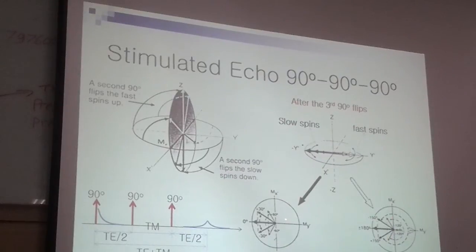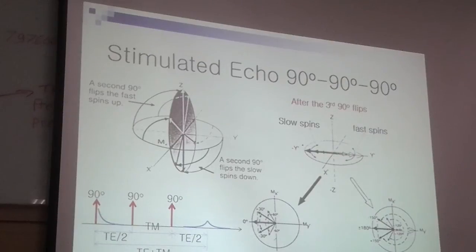The slow spins are here, and the faster spins are here. This slide also shows that the stimulated echo signal intensity is also half of the spin echo signal intensity.